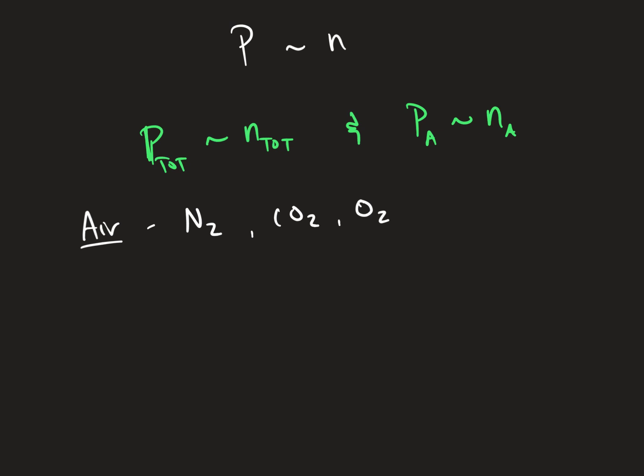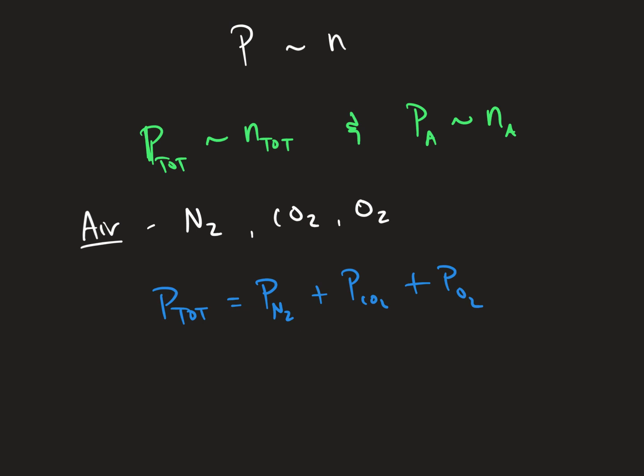So let's just say total pressure is going to equal the pressure of nitrogen plus the pressure of carbon dioxide plus the pressure of oxygen. Do you get that?